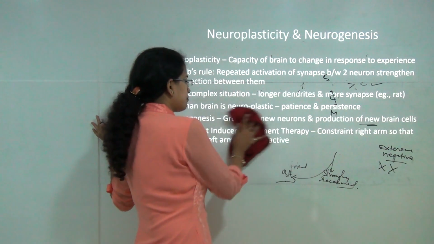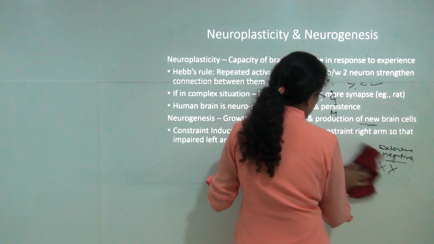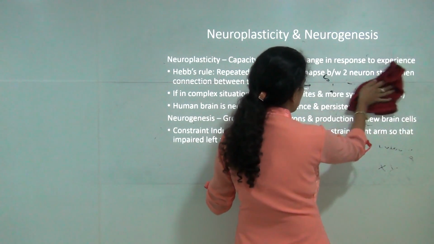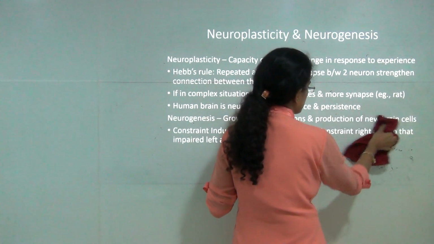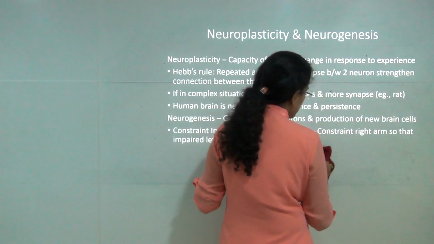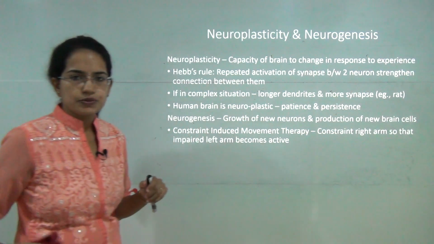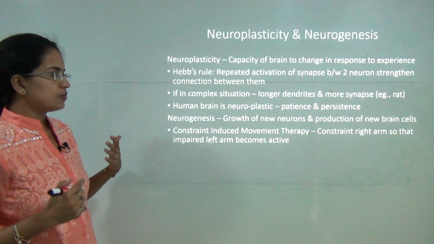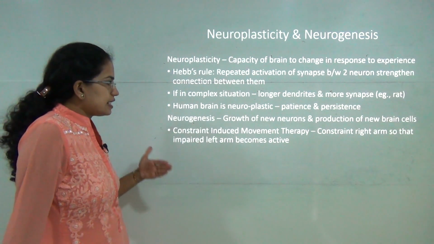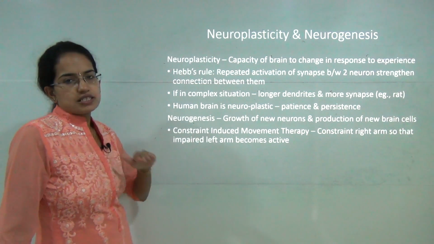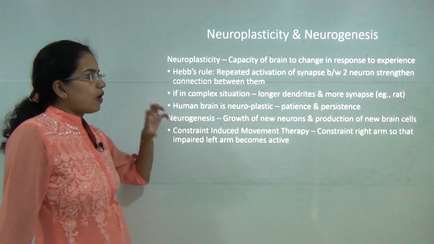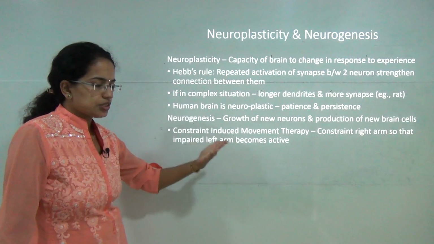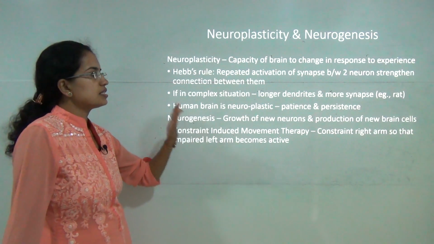So if you are left in a complex situation, you would automatically strive forward to achieve it. In certain circumstances it is said that the human brain is not as neuroplastic as other brains, but still with patience and persistence, the human brain could be modified, or by exposure to external experiences, the capacity of the brain could change.